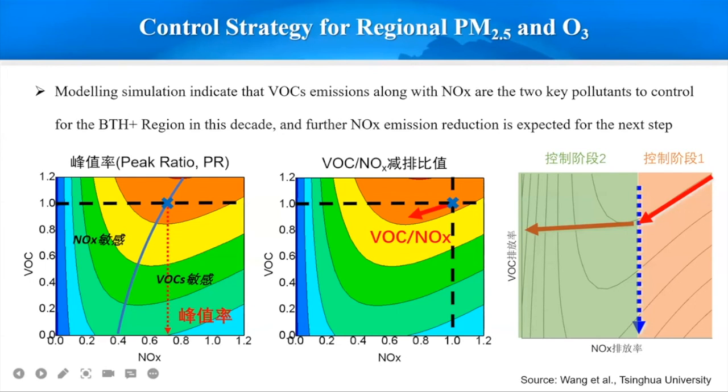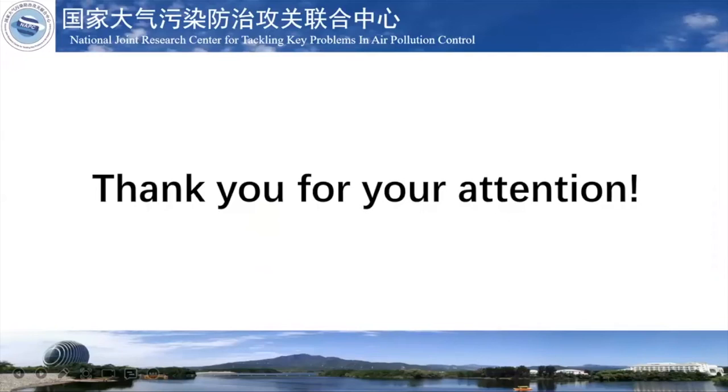We may have these two key pollutants to control at the first stage, and in the further step, we may have a further NOx emission control for this area to cut the emissions, and also to mitigate the PM2.5 and ozone pollution both. Okay, so that's my talk. Thank you very much for your attention.